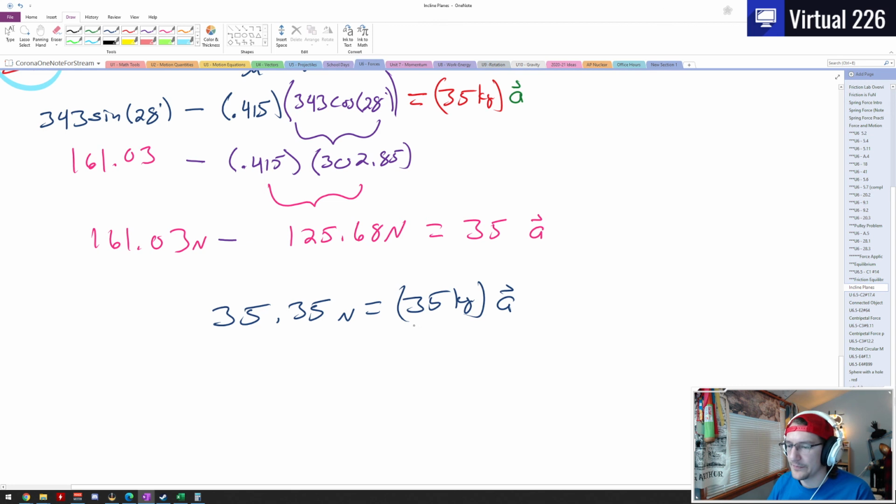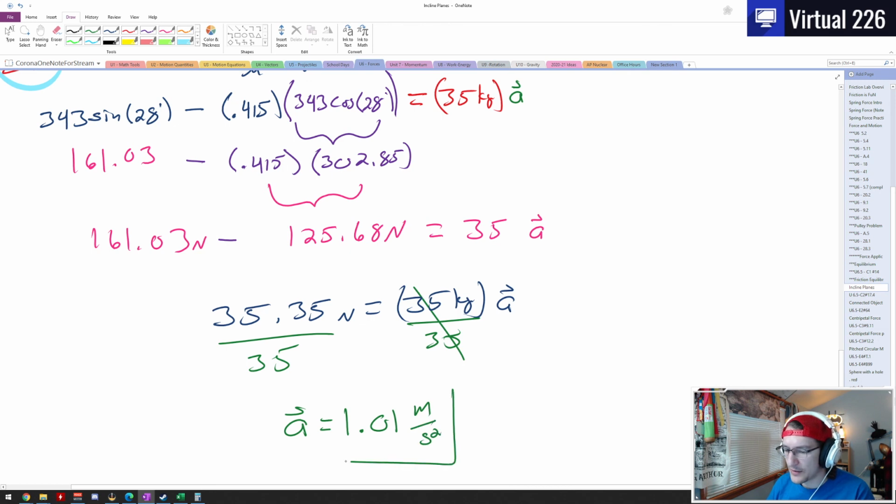At this point, we just divide by the 35. And what we'll get here is our final answer: our acceleration will be 1.01 meters per second squared, because that's our units of acceleration.